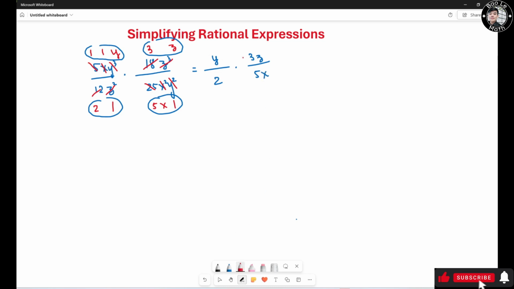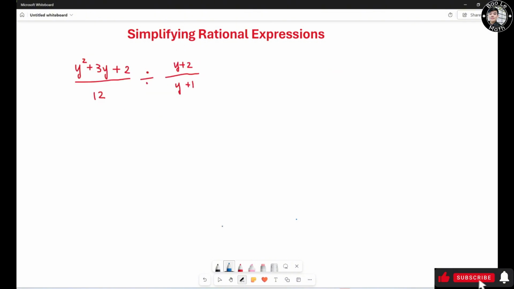Now you just multiply the numerator and denominator. 3 times y times z over 10s.